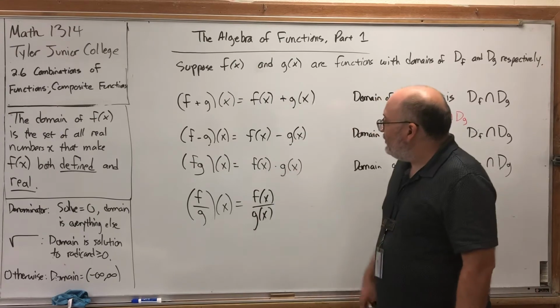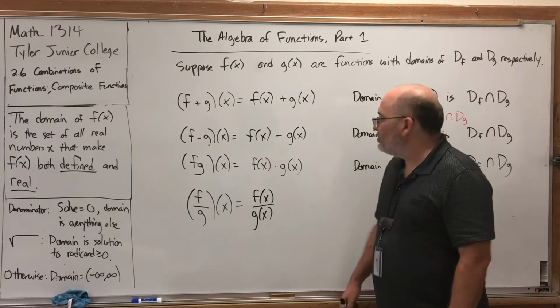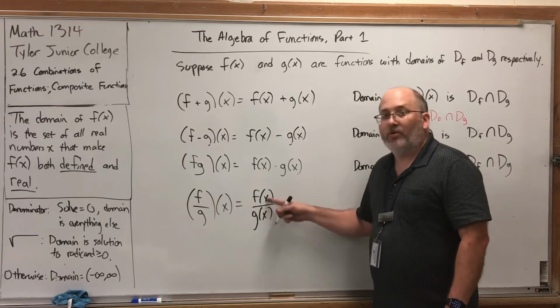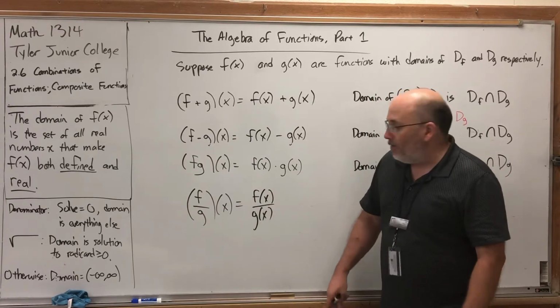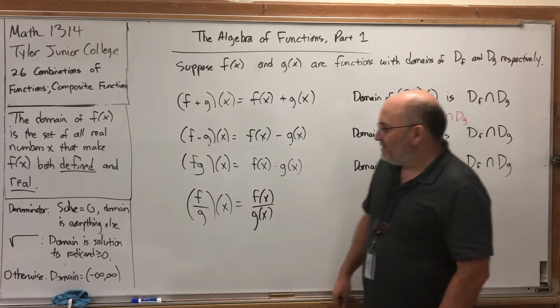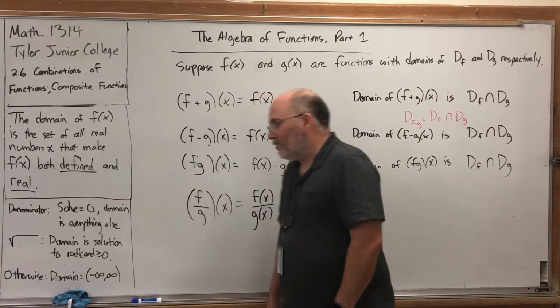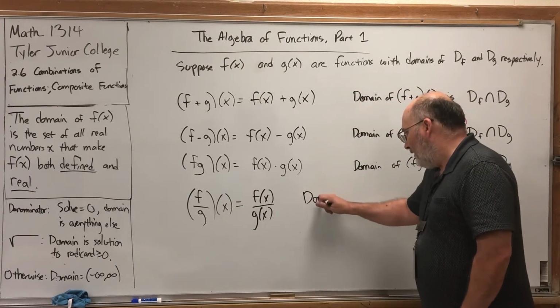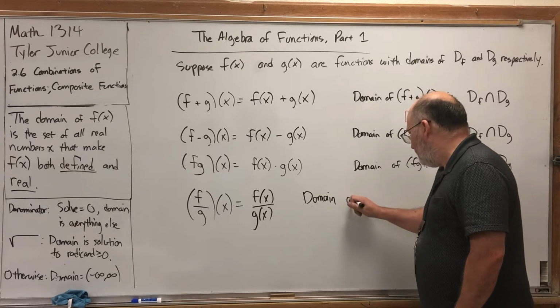As in the three previous combinations of functions, in order to go into the new function, I still have to be able to go into the two original functions. But now, the second function is in a denominator. And as previously stated, if there's a denominator, that invokes a new domain issue. So what's the domain of f over g of x?